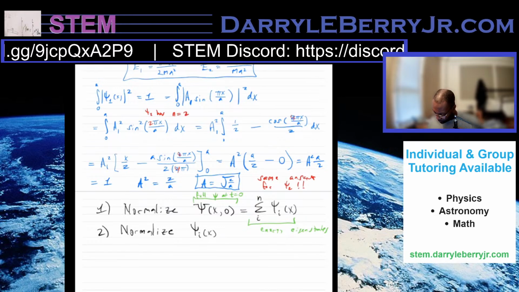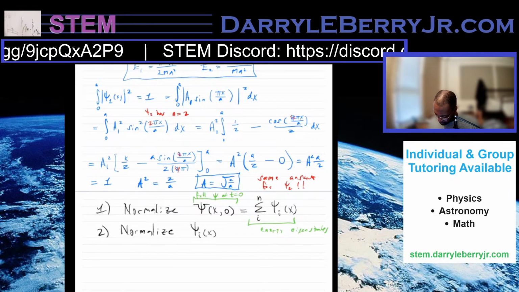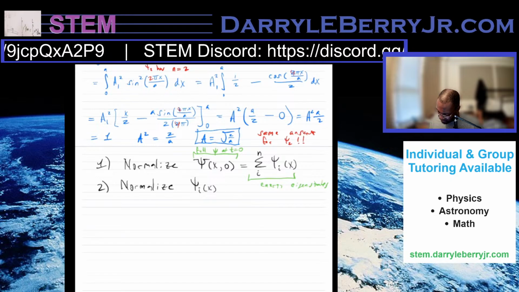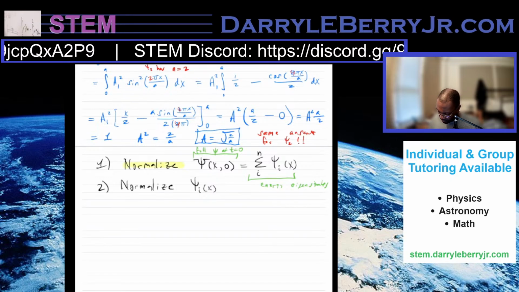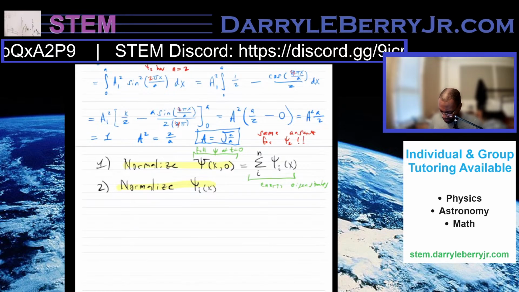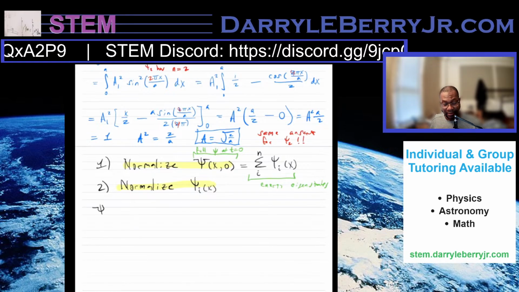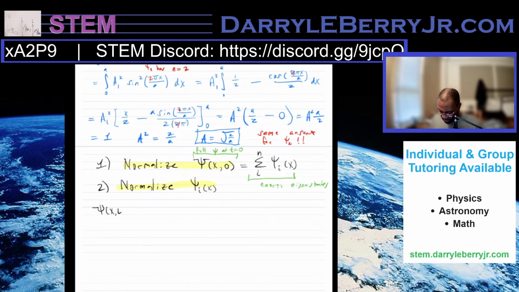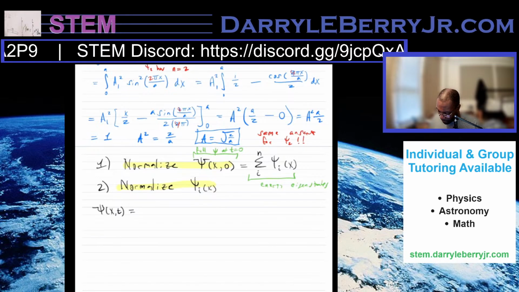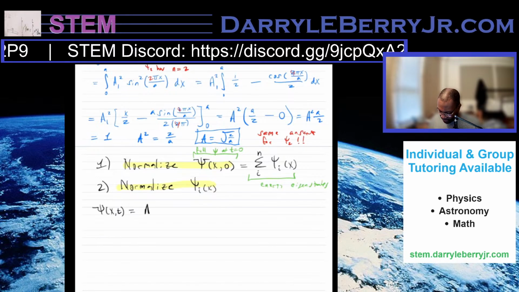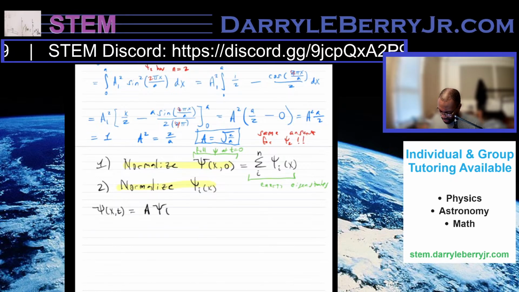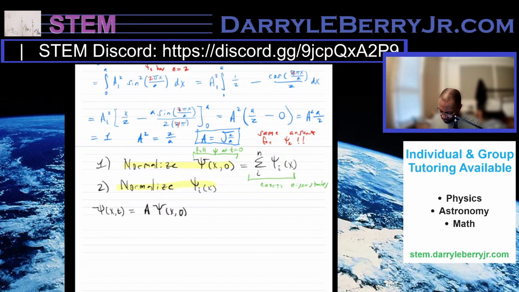Right? So that works out. We normalize the overall equation, which is the sum of those. We normalize each of the separate ones. And now my psi x,t equals, I'll say A psi x0.